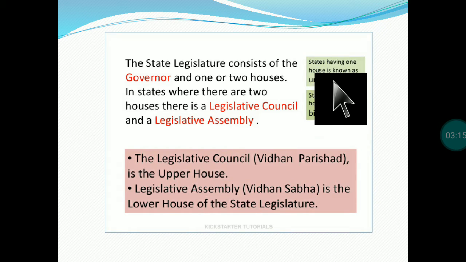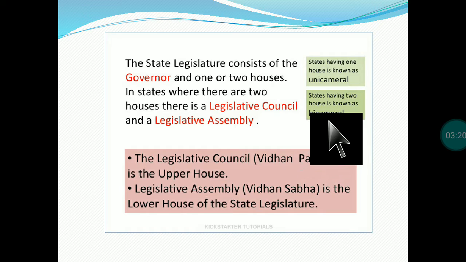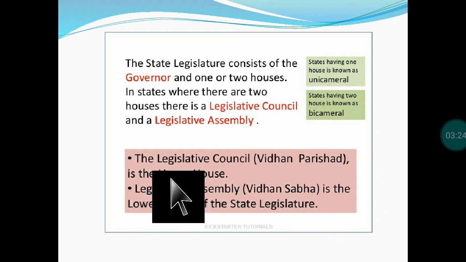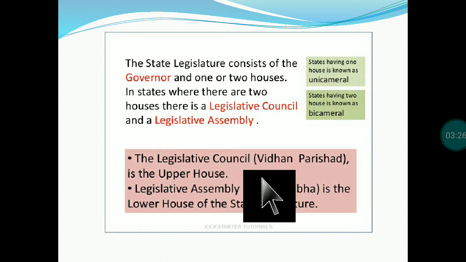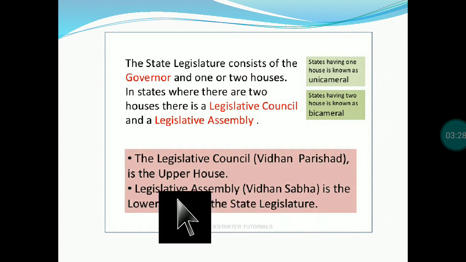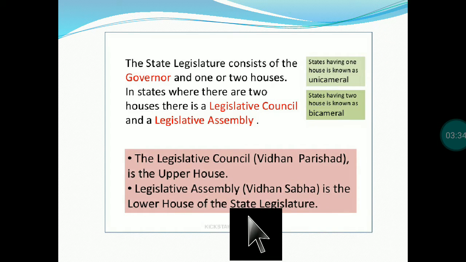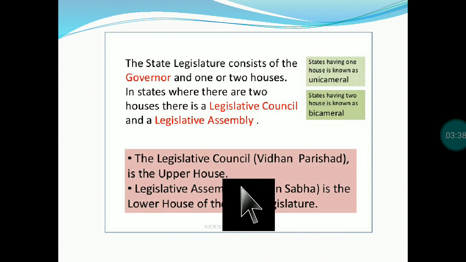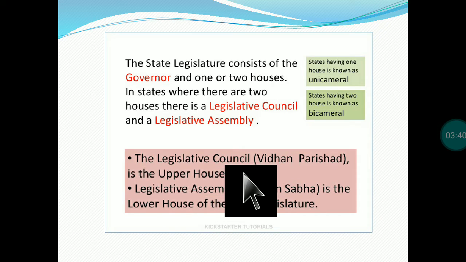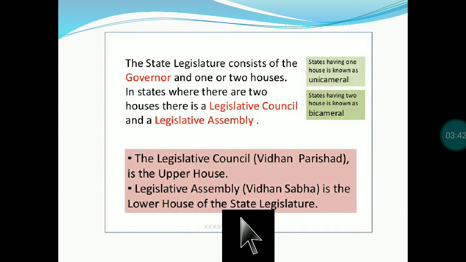Unicameral means having one house, and bicameral means having two houses. The Legislative Council is also known as Vidhan Parishad or Upper House, and the Legislative Assembly is also called Vidhan Sabha or Lower House. It is associated directly with the people, and it is associated directly with the states.